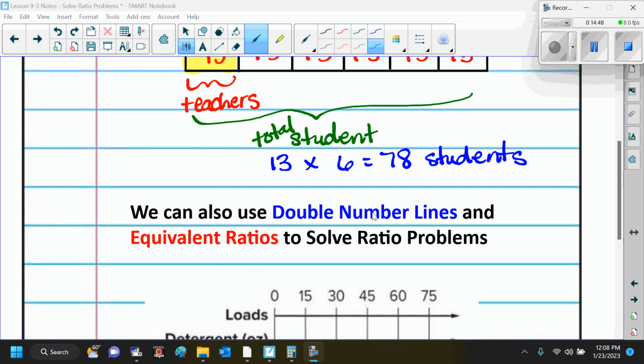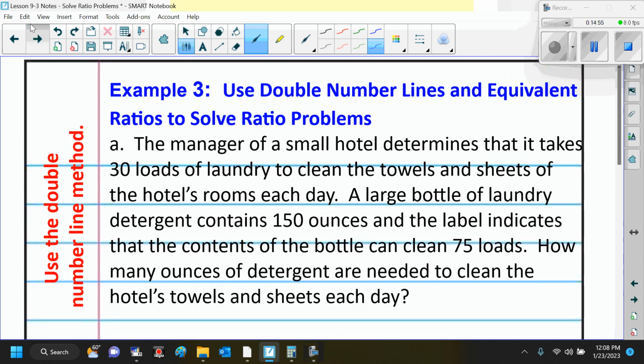We can also use double number lines and equivalent ratios to solve ratio problems. Okay? So, for this example, it says, use double number lines and equivalent ratios to solve ratio problems. The manager of a small hotel determines that it takes 30 loads of laundry to clean towels and sheets at a hotel's rooms each day.